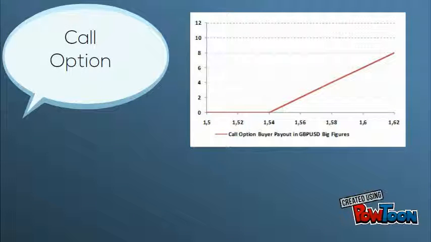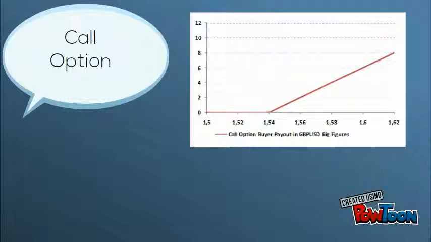Call options. A call option is essentially an agreement to buy a certain asset at a specified future date at a particular predetermined cost. For example, a GBP/USD 1-year call option with a strike of 1.54 allows you to buy GBP and sell USD for 1 year at a rate of 1.54.